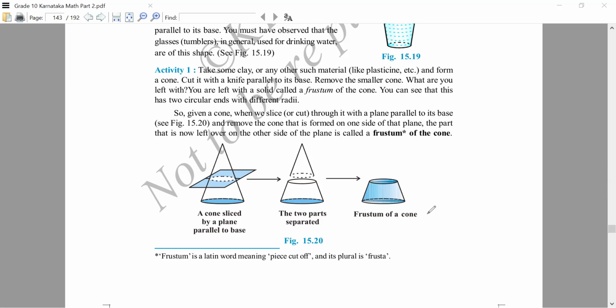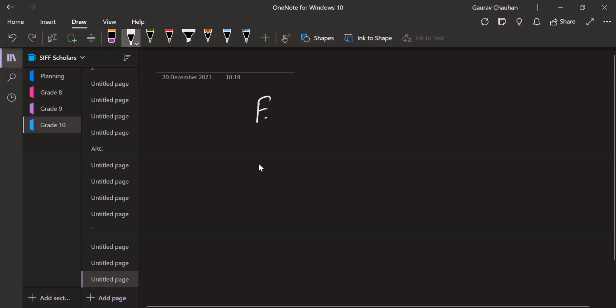Now we're going to go into the formulae involved in frustum of a cone. Let's write a new heading, a new side heading. You don't need to leave space for the previous thing. Just write a new heading: Frustum of a cone. We're going to look at the formula and also the logic.